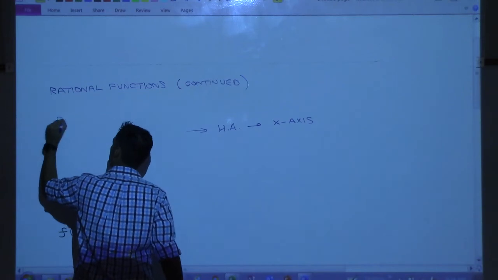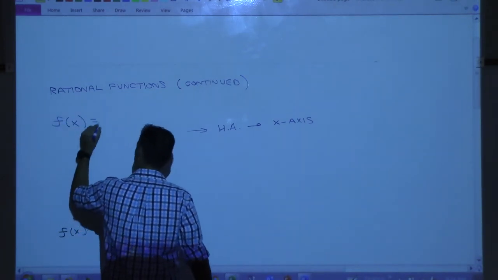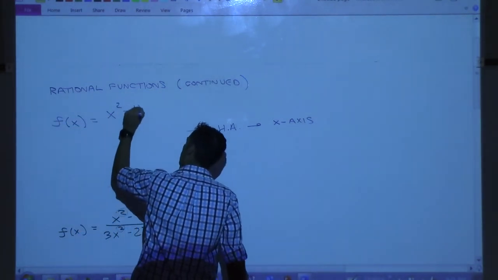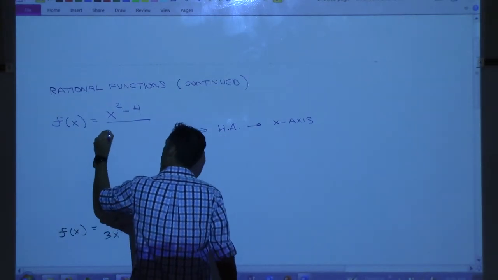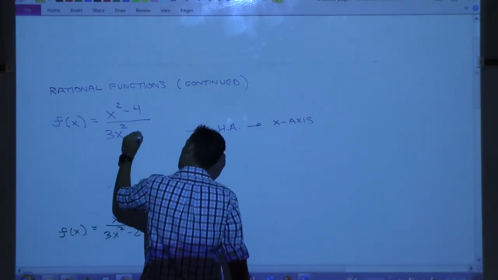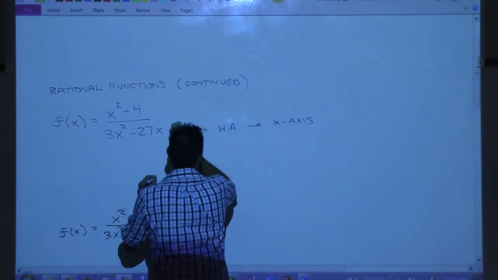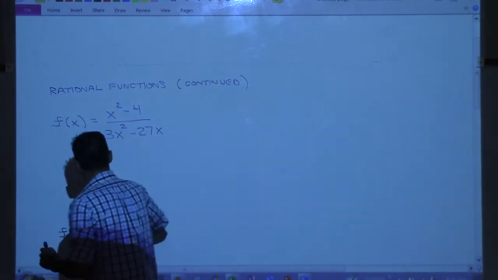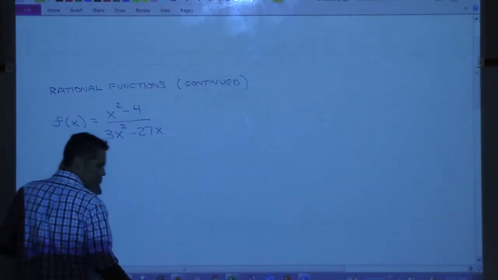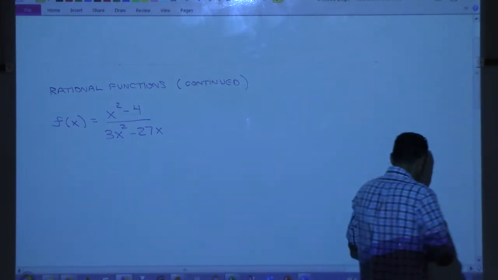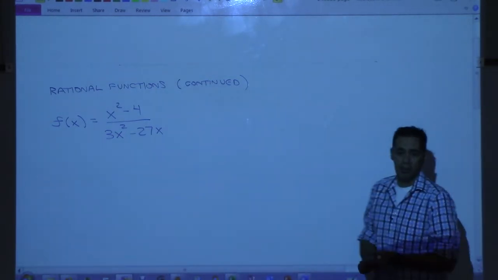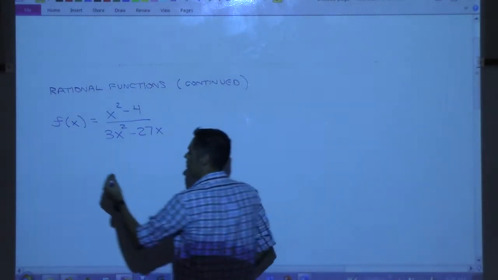We want to sketch f of x equals x squared minus 4 over 3x squared minus 27x. All right, first step, make sure it's a rational function. It is, right? That's our first step.